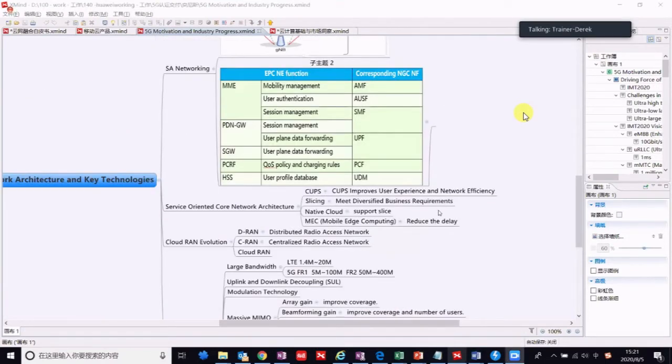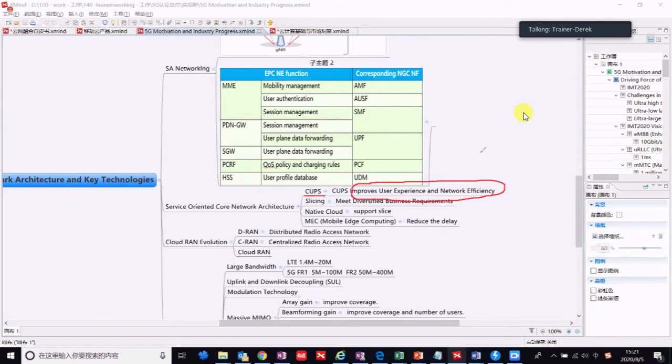And for our core network, there are some features like CUPS. CUPS means control plane and user plane separation. This can improve the user experience and networking efficiency.